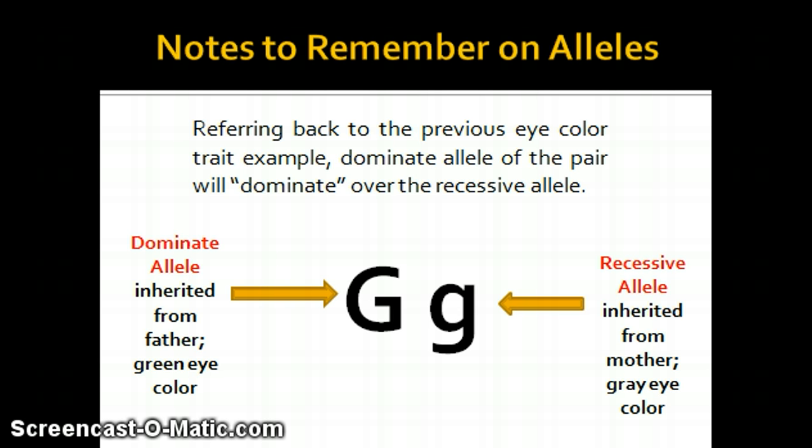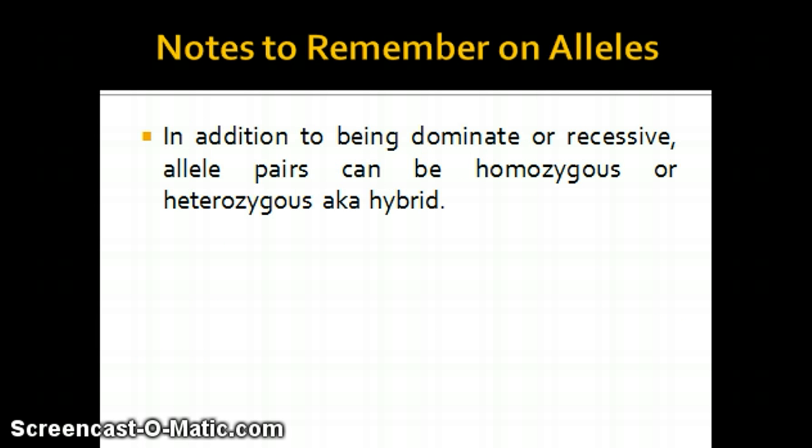In addition to being dominant or recessive, allele pairs can be homozygous or heterozygous, also known as hybrid. A homozygous allele pair for blue eyes could be capital B, capital B, or lowercase b, lowercase b.